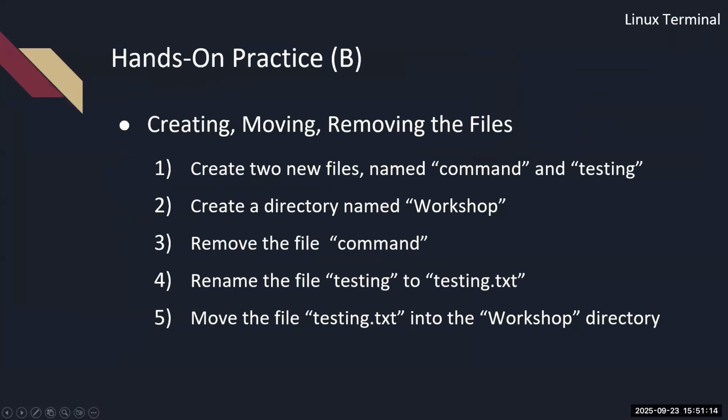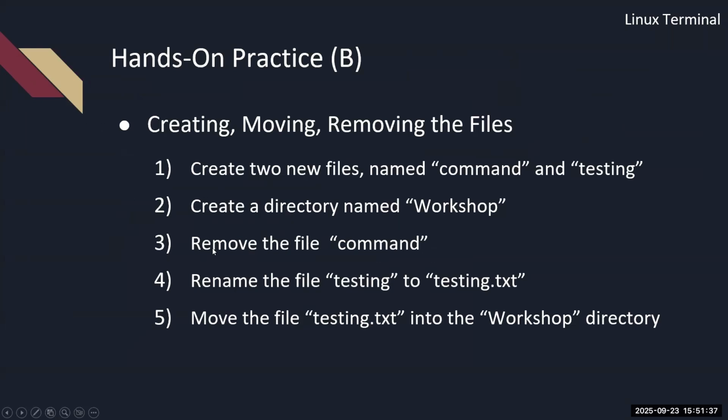And these are the questions. I want you to create two empty files. No worries about the text editor today. So create two files named command and testing. And then create a directory named workshop.